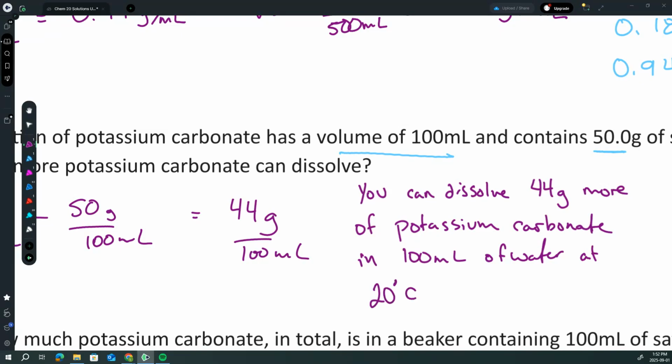So we have to be specific in the amount of water we have as well as the temperature of said water, because like we said, solubility is going to depend on temperature as well as how much solvent you have.